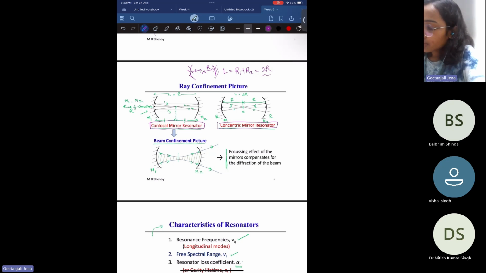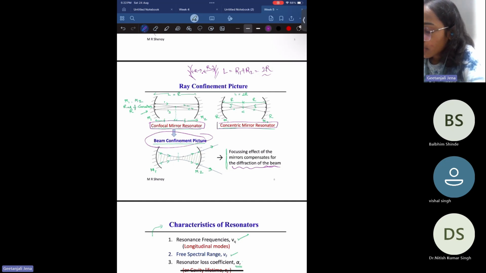And if you see in these two figures, the diffraction of the beam. Whenever light is propagating, we'll see diffraction. And here in the beam confinement picture, we'll see the diffraction is compensated by the focusing effect.